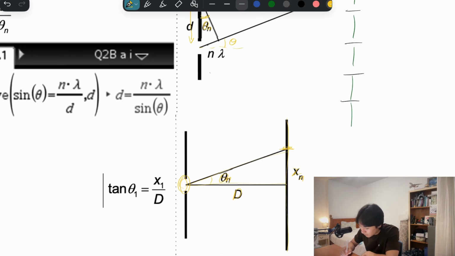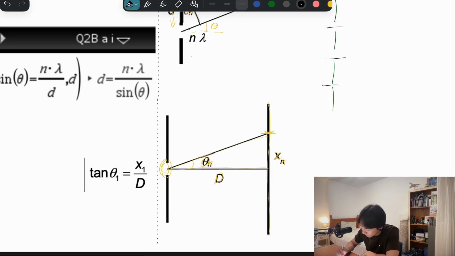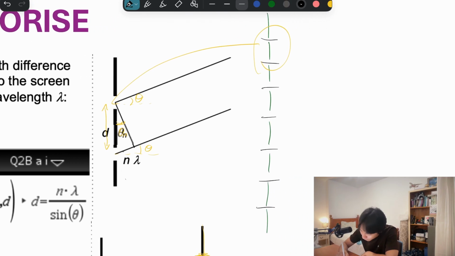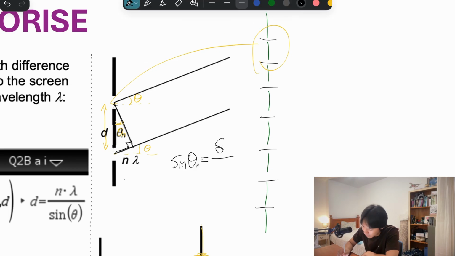As you can see with the first diagram, as the person wrote it here already for the European Baccalaureate, he said the tangent of this angle here, theta n, is going to be equal to opposite over adjacent. Basic trigonometry. And then for this triangle here, we can say that sine of theta n is going to be opposite over hypotenuse.